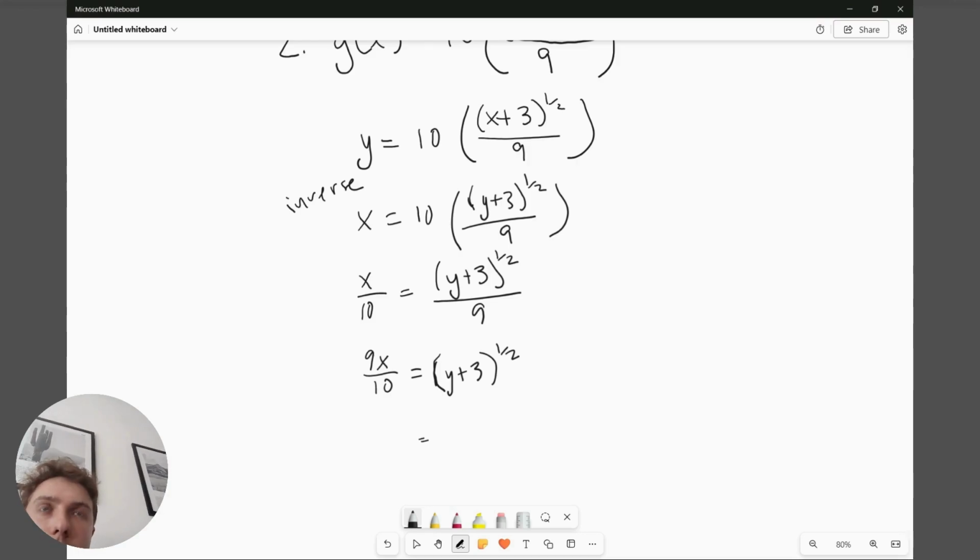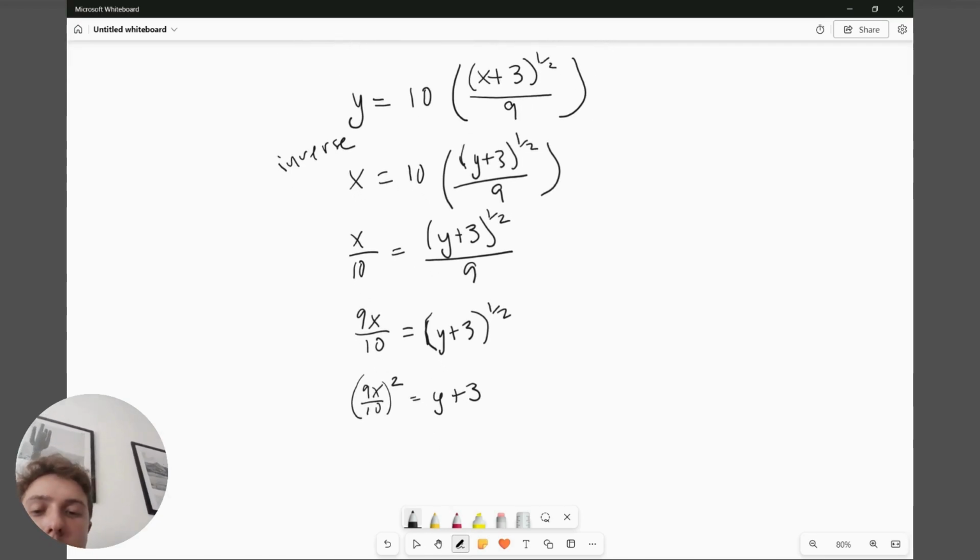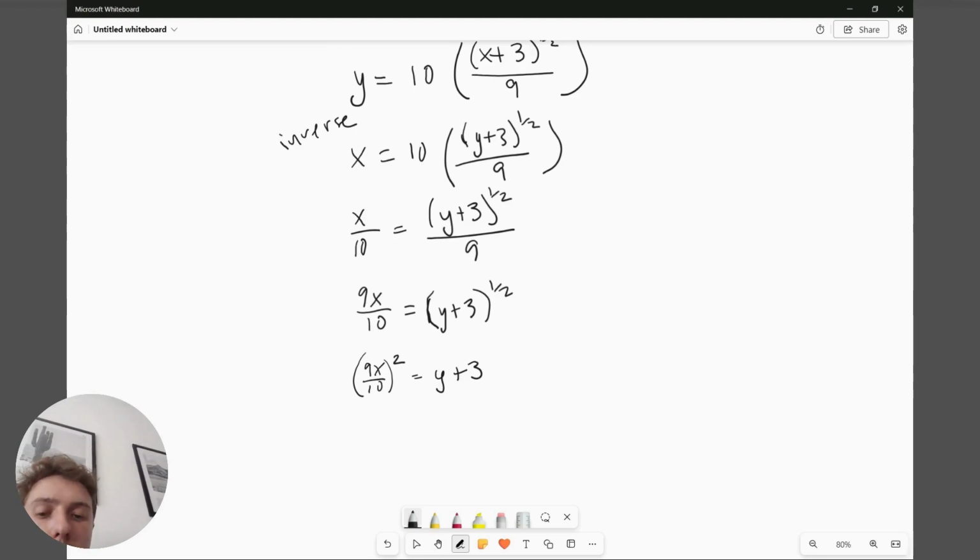To get rid of a square root, you could square something. So in other words, we square both sides. That would cancel the square root on the right, or the 1/2 power, and the entire left thing would now be squared. You could end up simplifying this, getting the y by itself, subtracting the 3 over, getting (9x over 10) quantity squared minus 3 equals y.